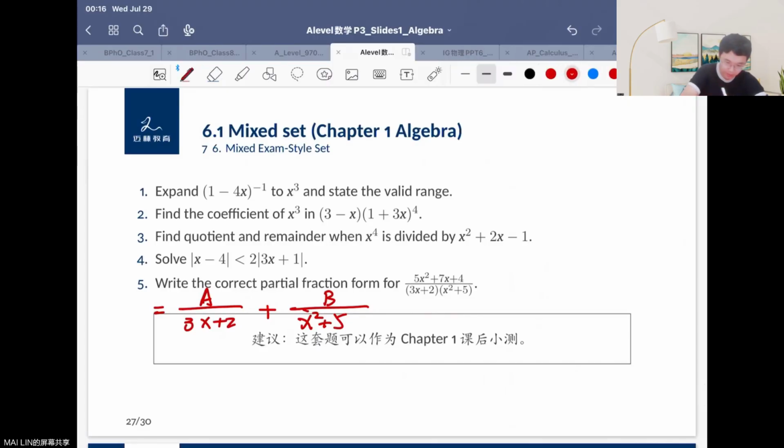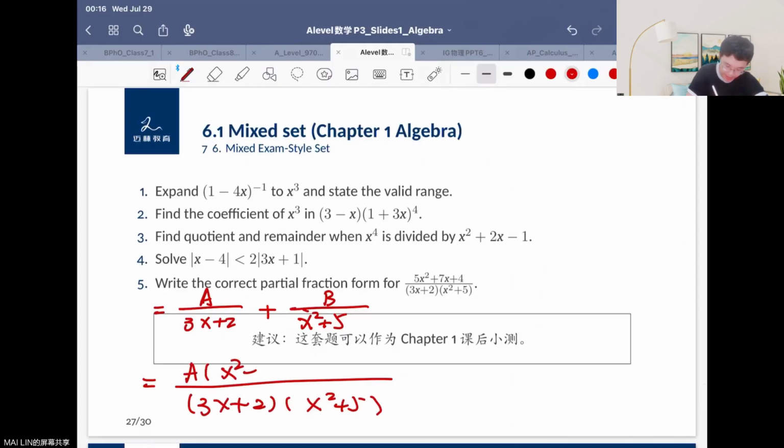Yeah, that's true. Okay, so maybe here we can set this as (3x plus 2) times (x squared plus 5). And here it becomes a(x squared plus 5) plus b(3x plus 2), right? Oh, sorry. So I guess here it's not only b, it's bx plus c, right? Because then it can be simplified. Okay, so because we have three unknown variables, right?